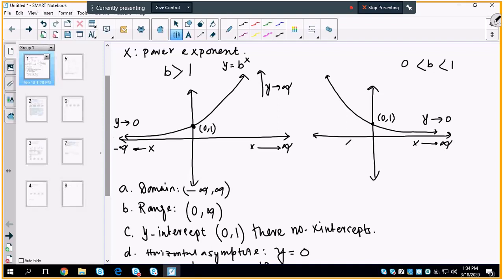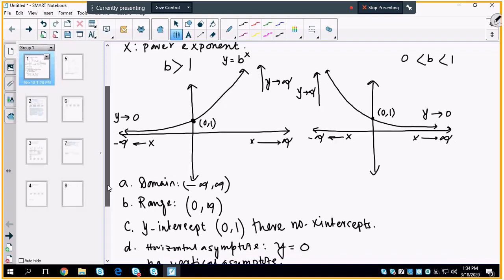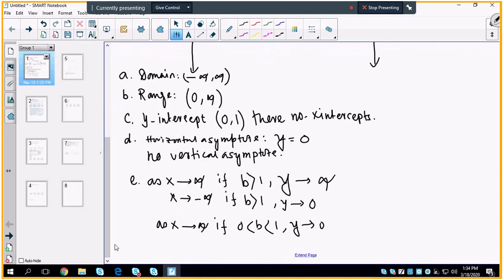Whereas as x is approaching negative infinity, the y is growing without any bound, so y is going to positive infinity. So as x goes to infinity, if b is between 0 and 1, then y goes to 0. As x goes to negative infinity, if b is between 0 and 1, then y goes to positive infinity.